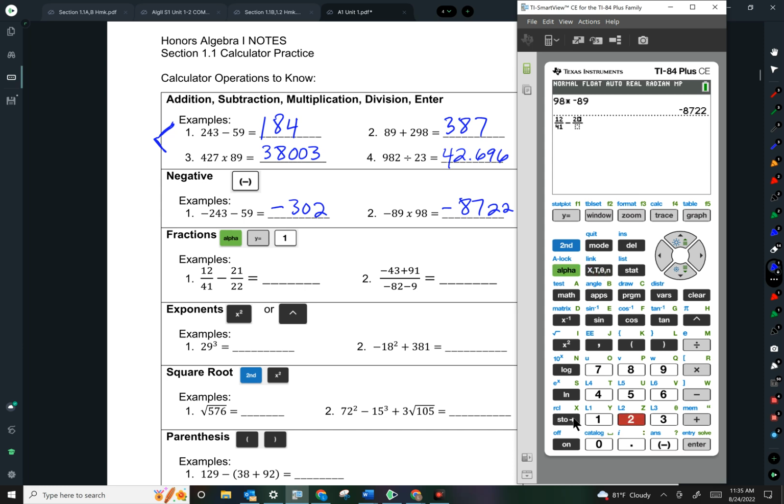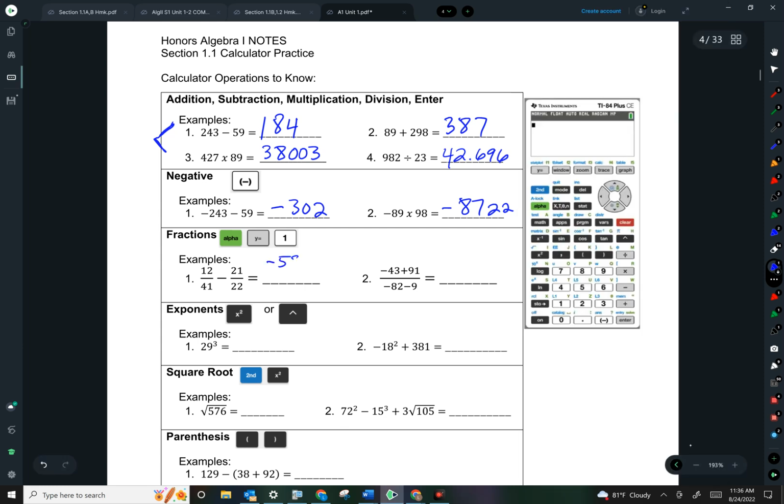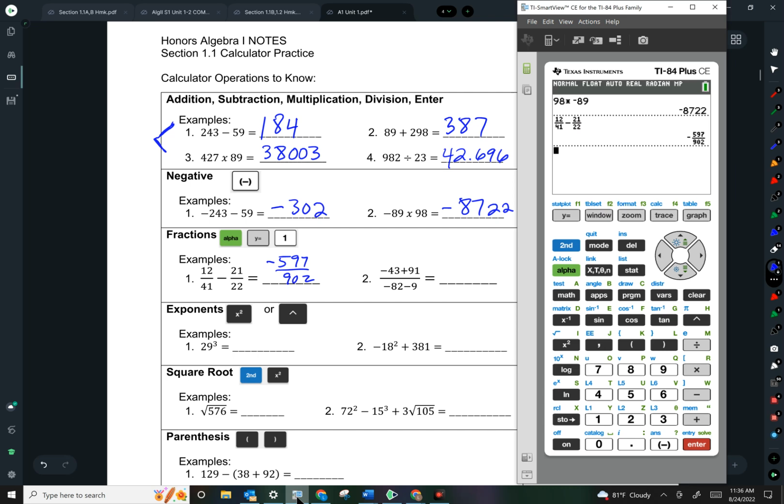So 21, use your down arrow to move the cursor down and type in 22, and then press enter to get the answer. Notice it gives you the answer as a fraction, so make sure you give your answer as a fraction. So negative 597 over 902.